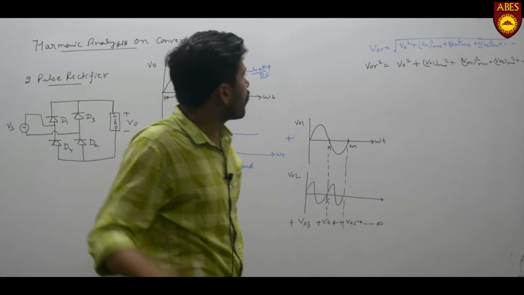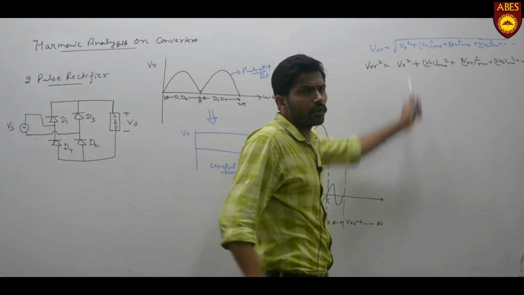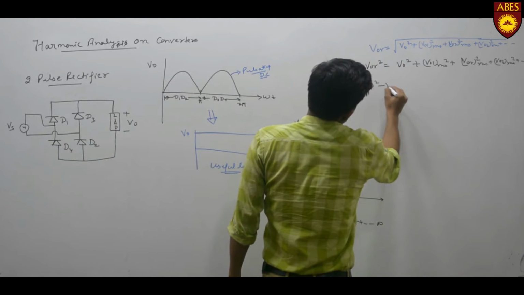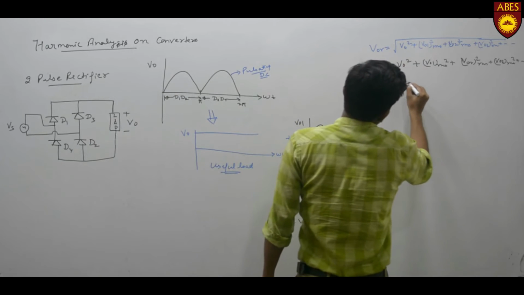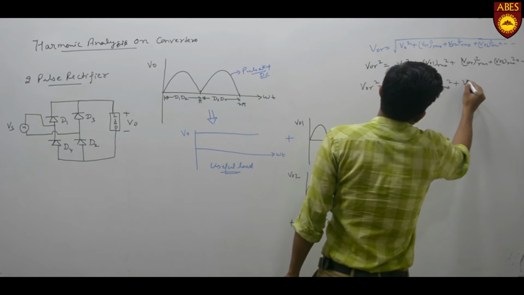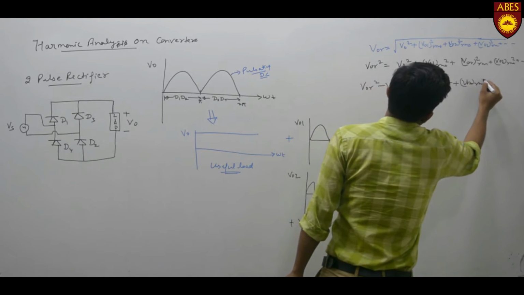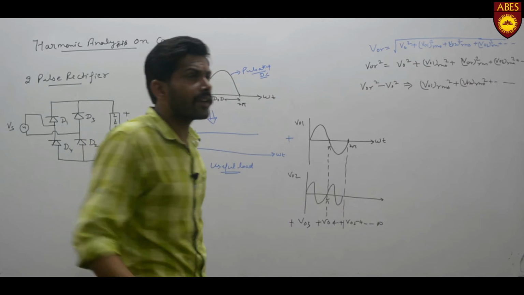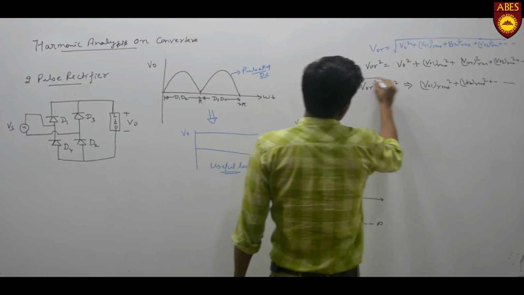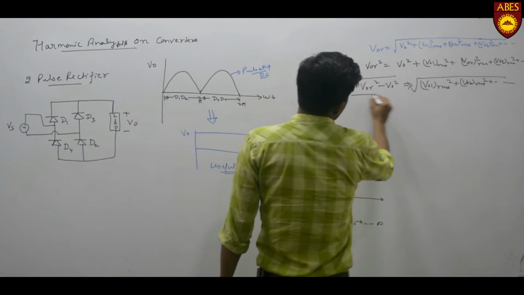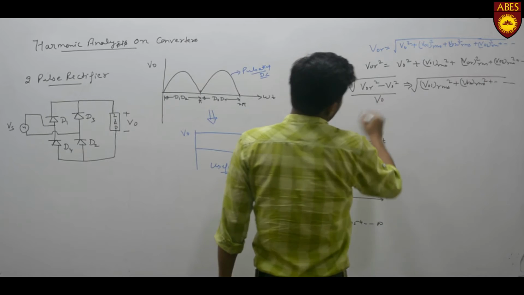Now what is the useful load for us? That is V naught. So VOR square minus V naught square is equal to the sum of the harmonic terms. By taking the square root on both sides and dividing by V naught, that is our useful load.